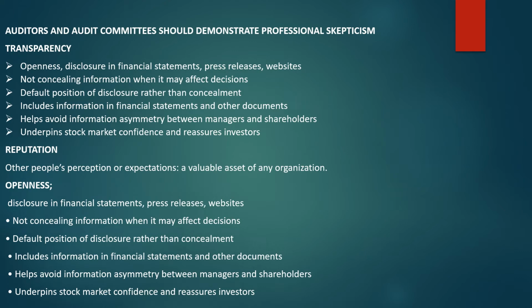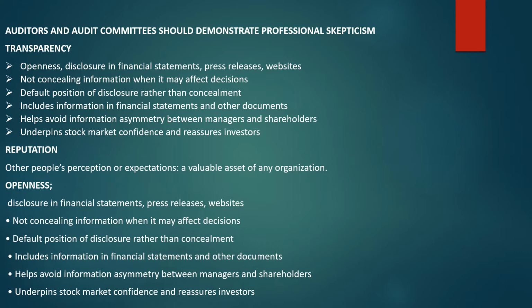We'll now talk about the auditors and audit committee. Auditors and the audit committee should demonstrate professional skepticism and transparency. First, openness: disclosure in financial statements, press releases, and websites. Second, not concealing information when it may affect decisions.